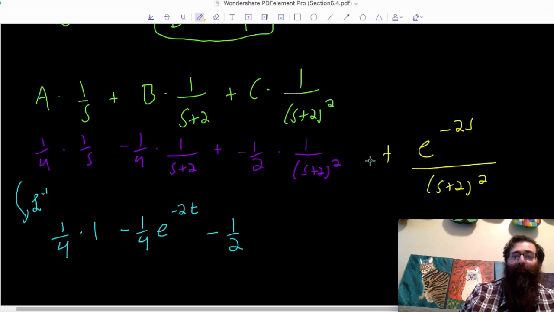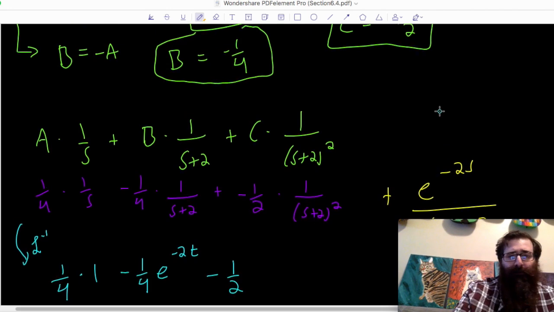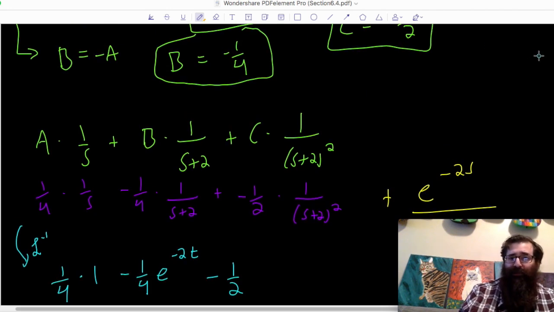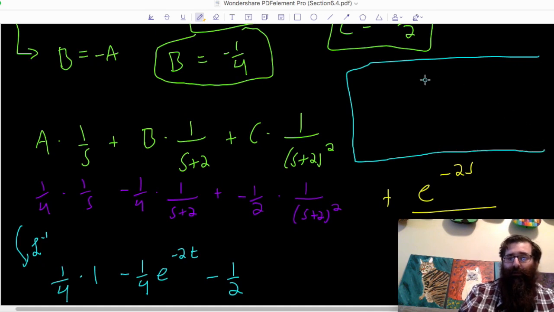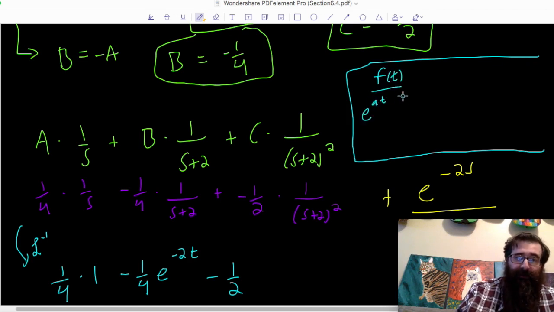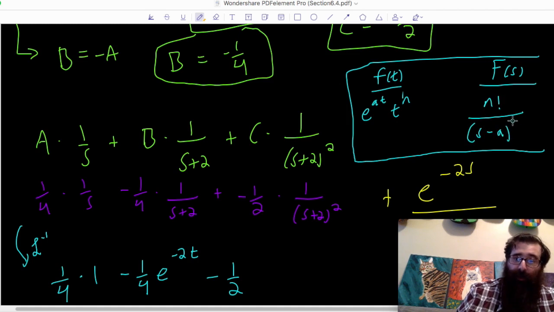For this 1 over s plus 2 quantity squared term, we're actually going to have to think about something from a previous section where we talked a bit about translations. So we would say if I had the function of t given by e to the at, t to the power of n, the corresponding function capital F of s would be n factorial divided by s minus a to the power of n plus 1.